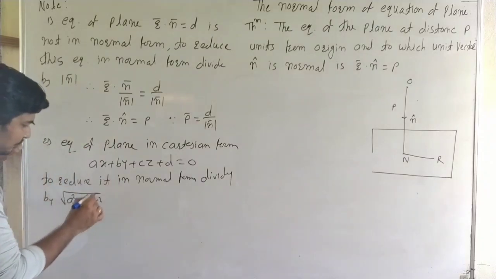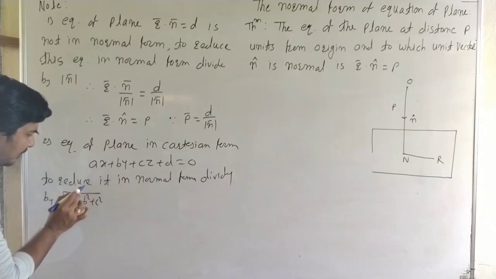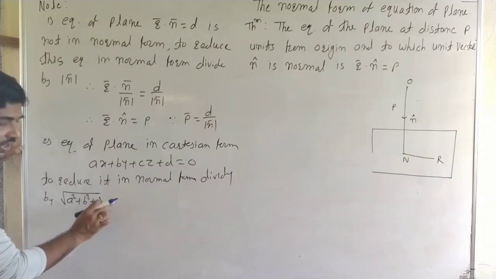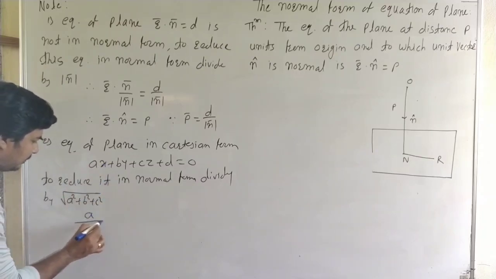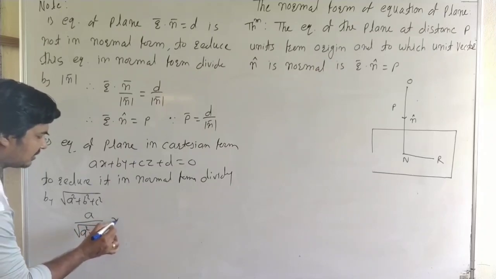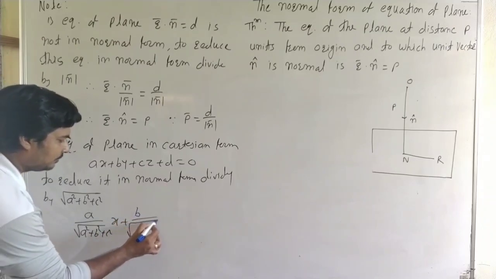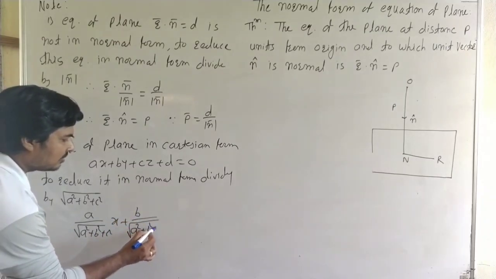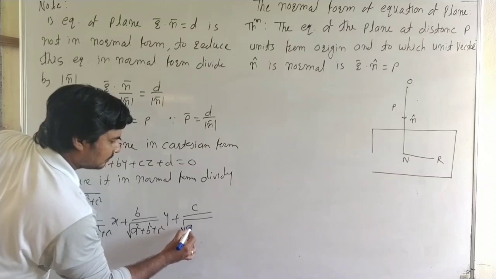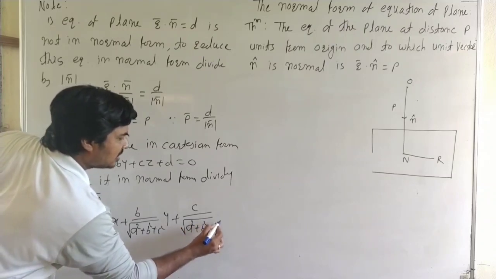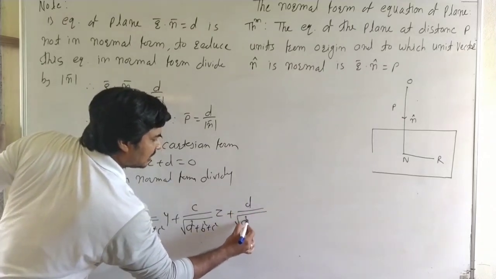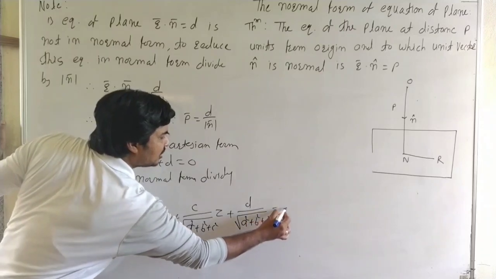See carefully, this becomes a upon the square root of a square plus b square plus c square x, plus b upon the square root of a square plus b square plus c square y, plus c upon the square root of a square plus b square plus c square z, plus d upon the square root of a square plus b square plus c square is equal to 0.